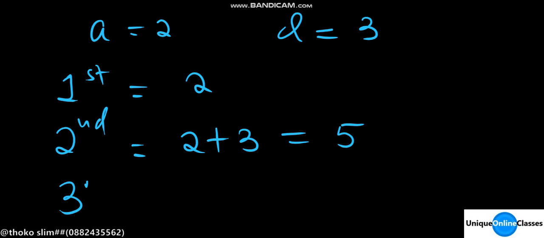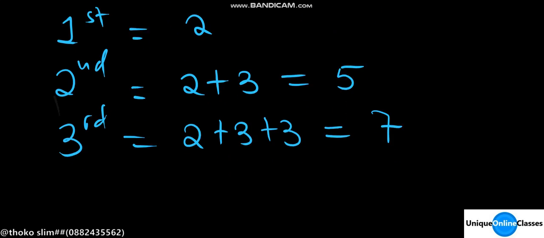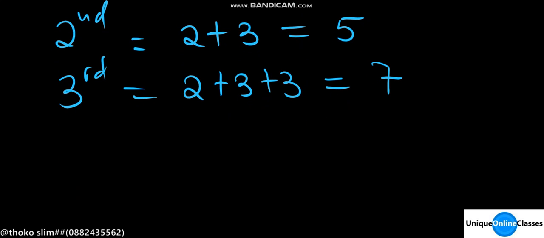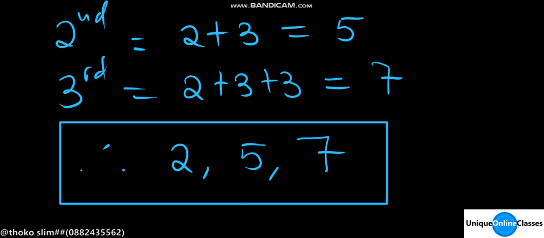And the third term will be 2 plus 3 plus 3, and the answer there, that's 7. So to sum up, matemu zaife, that's 2, 5 then 7.